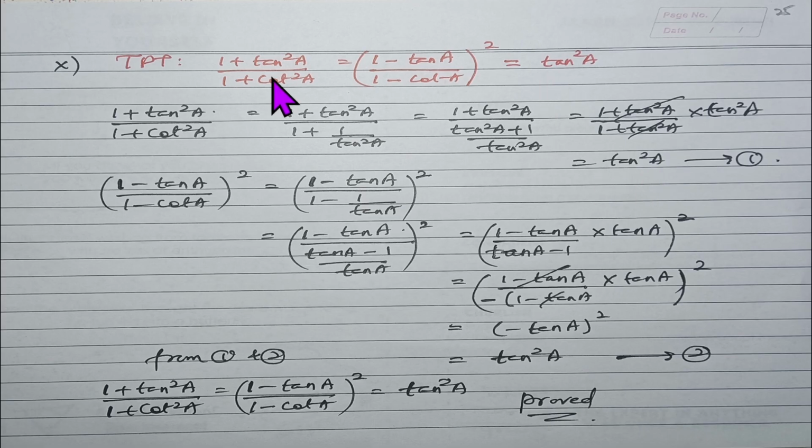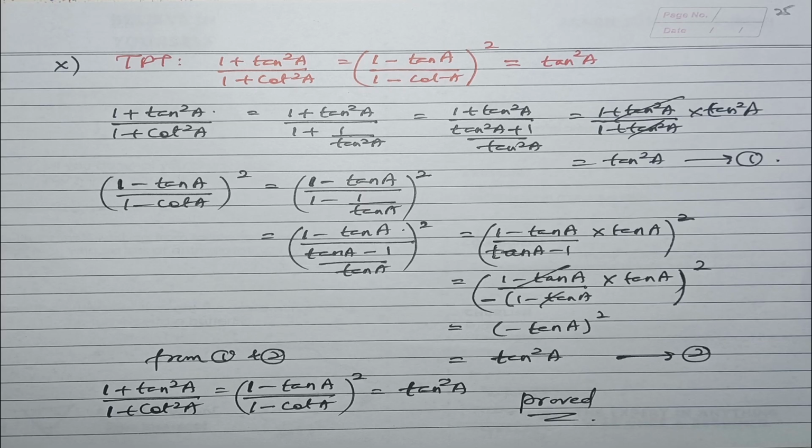So in the first case we have got tan square A, in the second case also we have got tan square A. That means both of these are equal to tan square A, and that is how the identity is proved. So this is an exercise where the identities of trigonometry are proved. These are only a few examples. It gives us an idea as to how to solve trigonometric identities. You have to practice them.